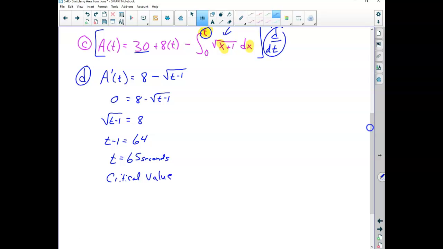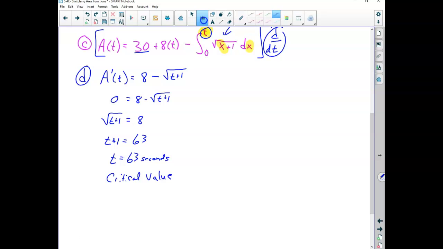Wait a minute, that's supposed to be plus, which means I just made a really stupid mistake. 63 is going to be my critical value.